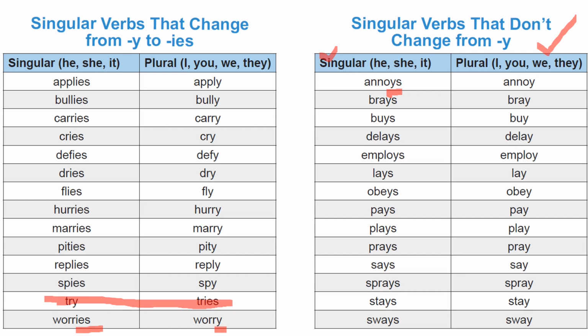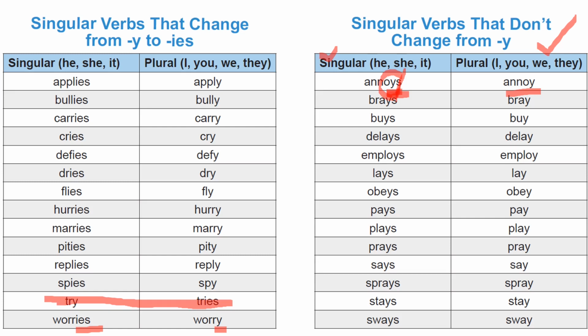As you can see, there is y and s at the end. We'll just simply remove the s. We won't touch this letter y like we did previously. It becomes annoy. Singular form was annoys and plural form is annoy.